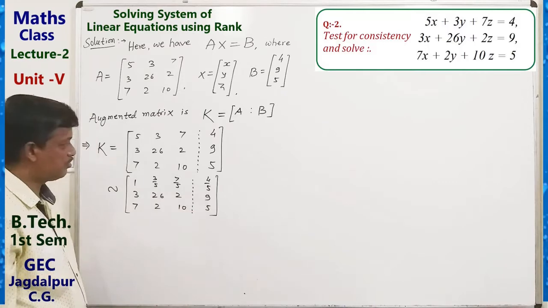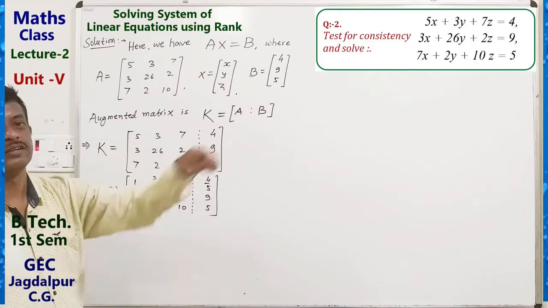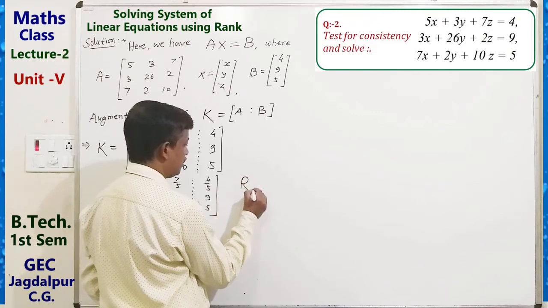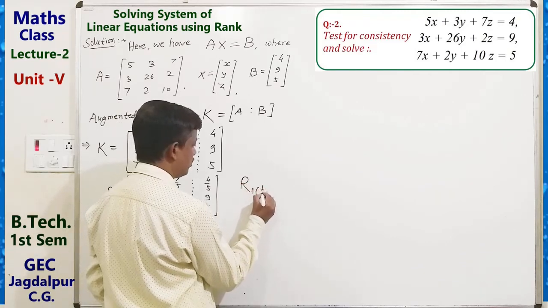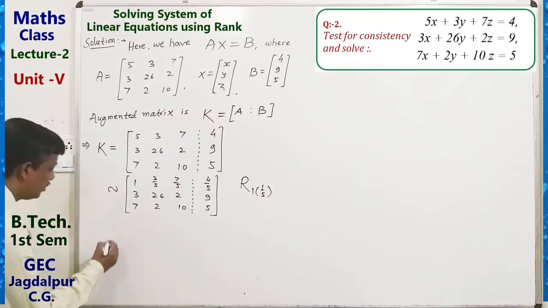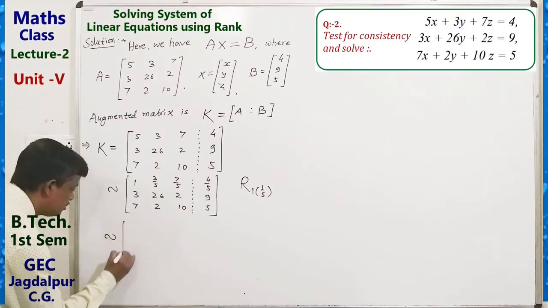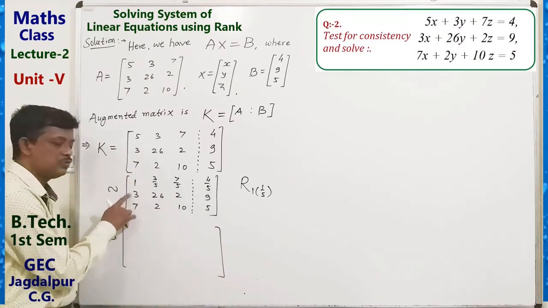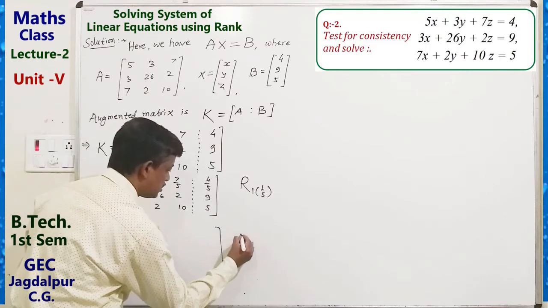For making it 1, we divide, that means the first row is multiplied by 1 by 5. Now, by using this 1, we can make this 0. So what operation?